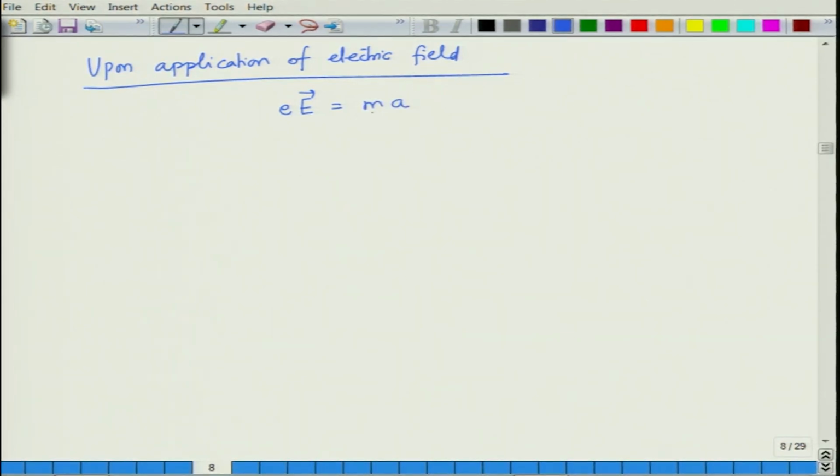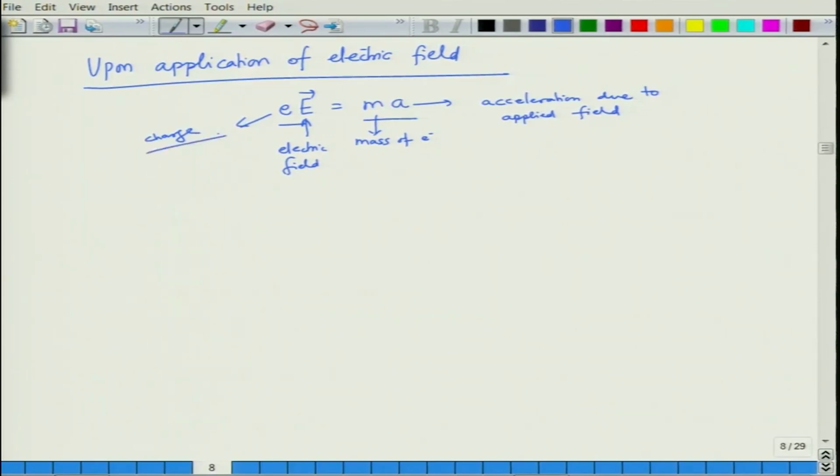According to classical mechanics, we can correlate this electric force with the mechanical force, F = ma, where m is the mass of the electron and a is the acceleration due to the applied field, capital E is the electric field, and small e is the charge.